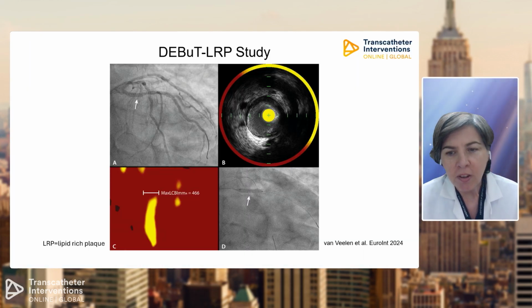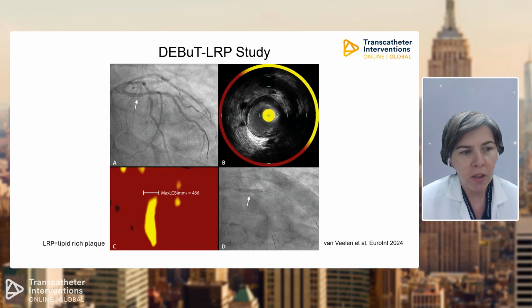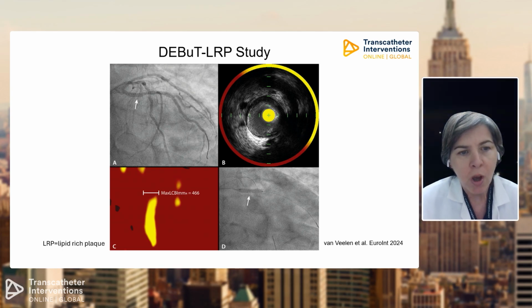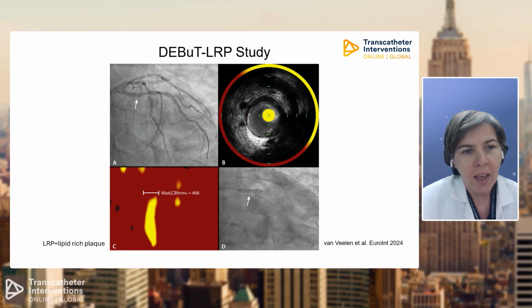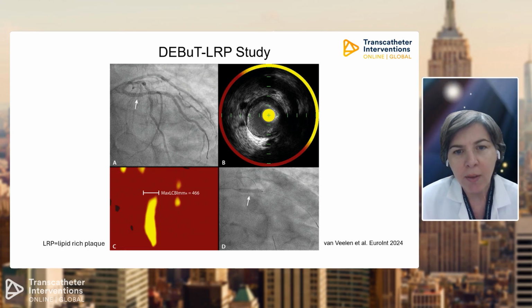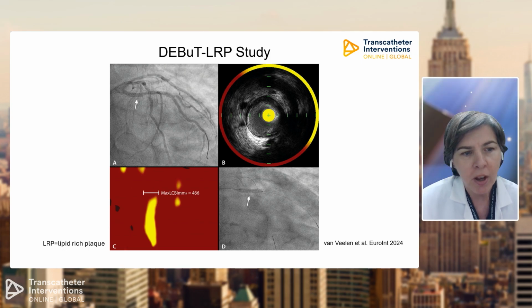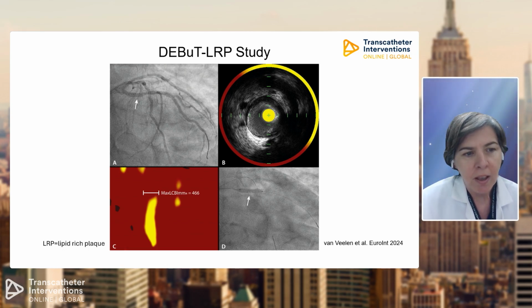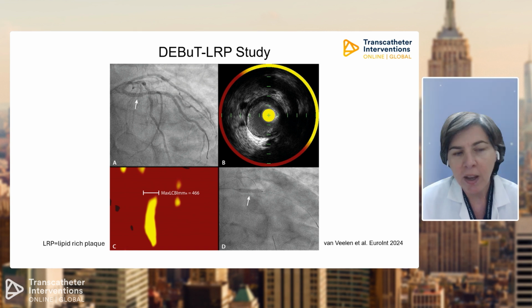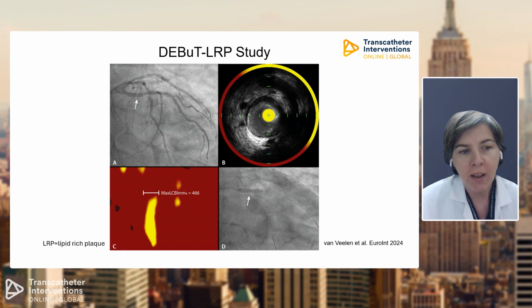So there's this nice little study from the Netherlands published a couple of years ago called WLRP. What you see here is an angiogram on the top left, where there's a very innocuous looking plaque. And on the right, that's an image from an IVUS NIRS catheter. And in the bottom left, you see this measure we've been discussing, max LCBI, so maximum lipid core burden index.